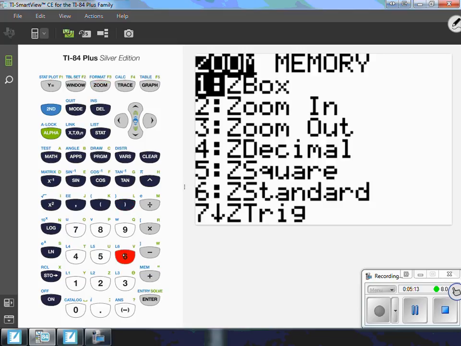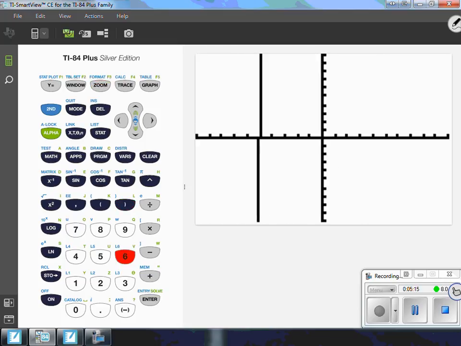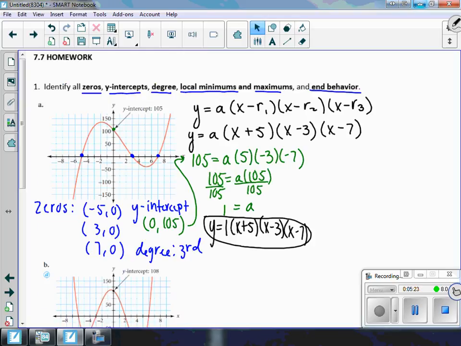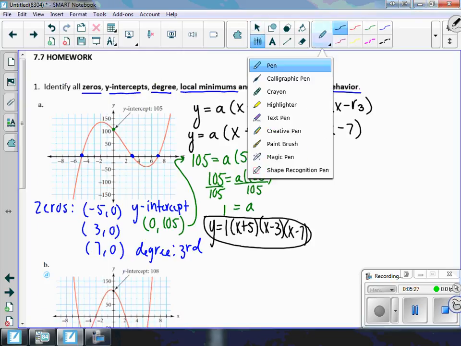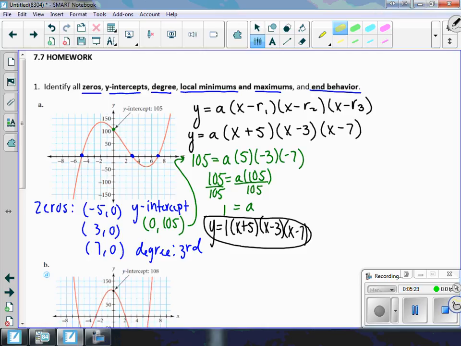I'm going to start with Zoom Standard. If I graph it, you can see that I can't really see my local mins and maxes very well. But if you look at the original problem, take a look at the scale they gave me. Y goes up to positive 150 and down to negative 150.